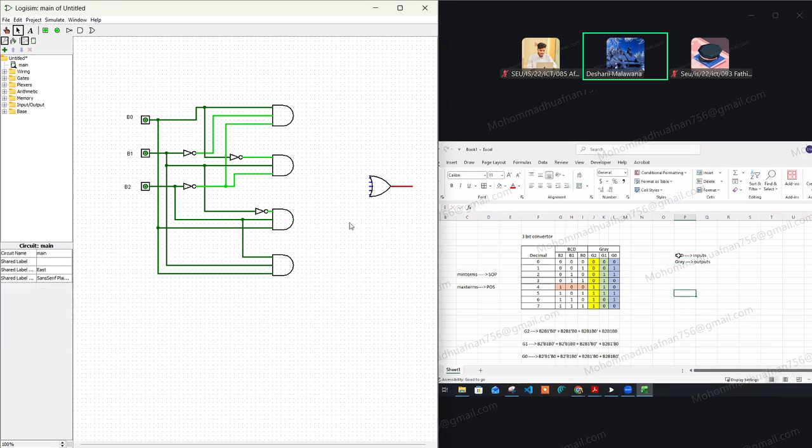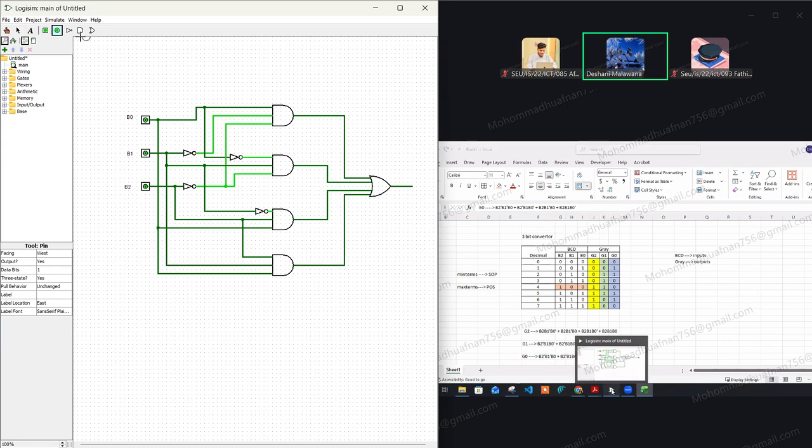Keep in mind, the source system should always be considered as inputs, and the destination system should always be considered as outputs. So according to this, the inputs are B3, B2, B1 and B0, and the outputs are G3, G2, G1 and G0. So according to this truth table, we generate the logic diagram for this G note 1.